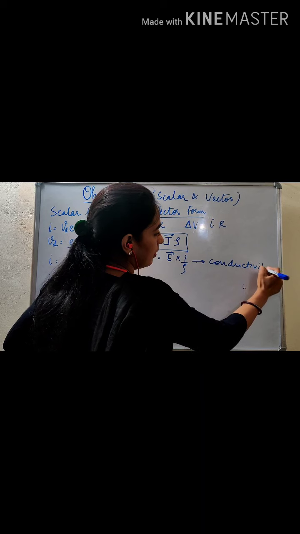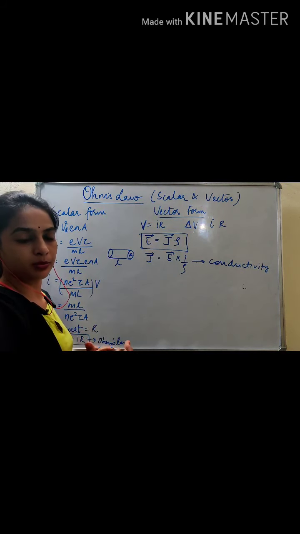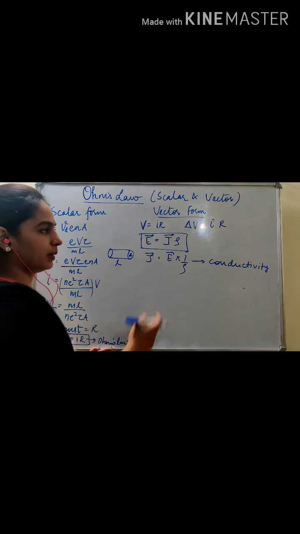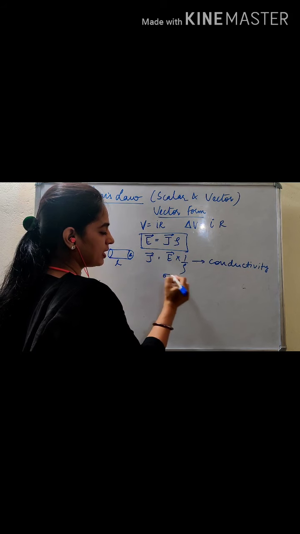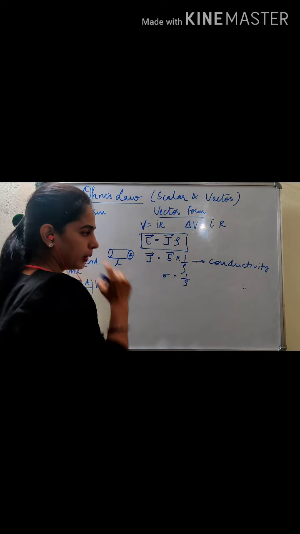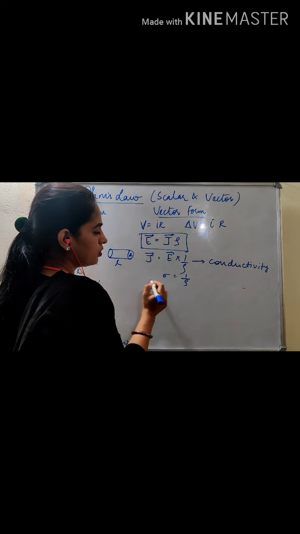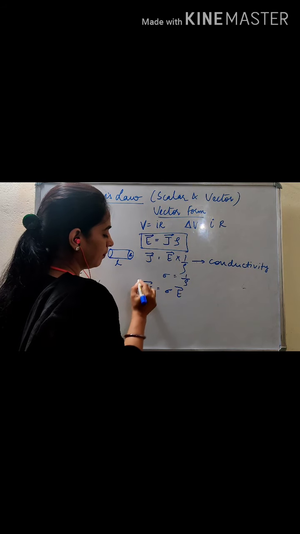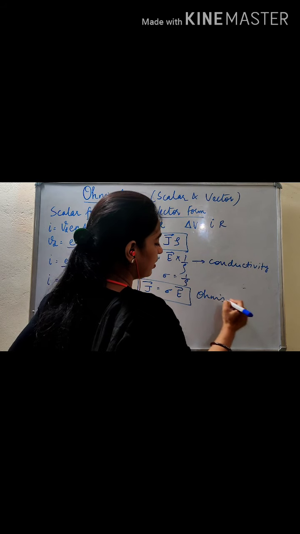It is the reciprocal of resistivity. Resistivity is the property of a material, so what will be its reciprocal? Conductivity. So 1 by rho is conductivity, which is denoted by sigma. Replacing 1 by rho by sigma, we write J is equal to sigma E. This is one more variation of Ohm's law in vector form.